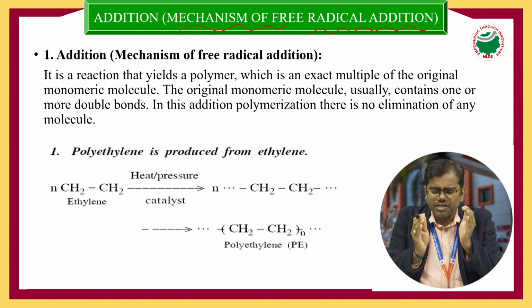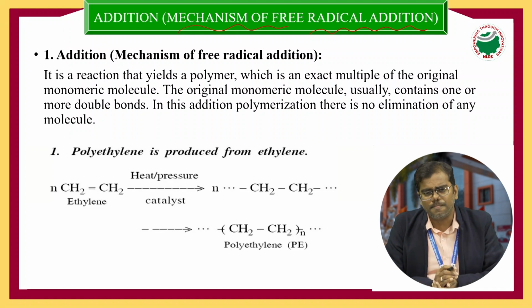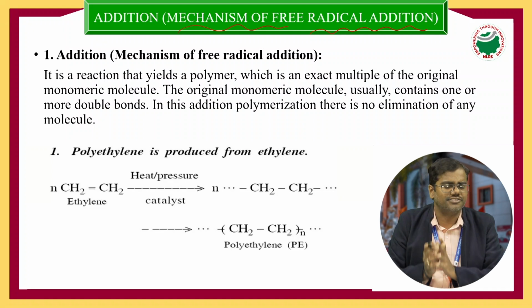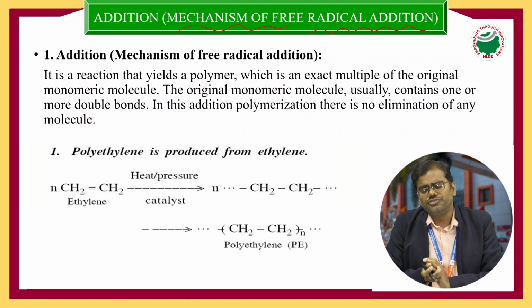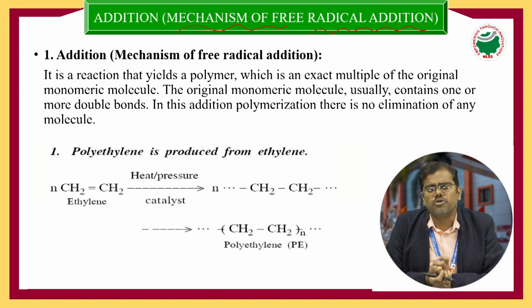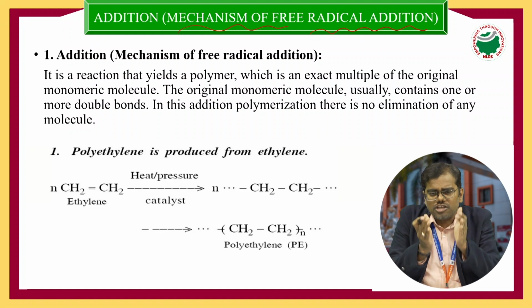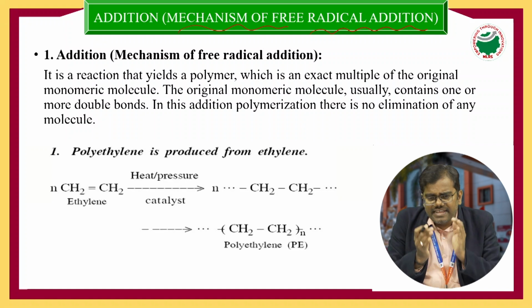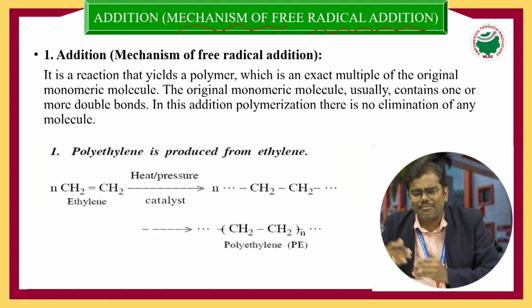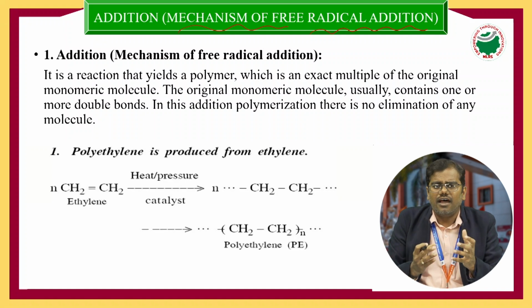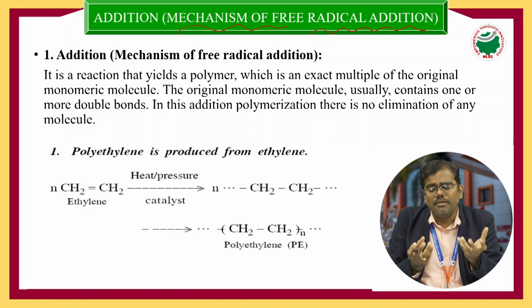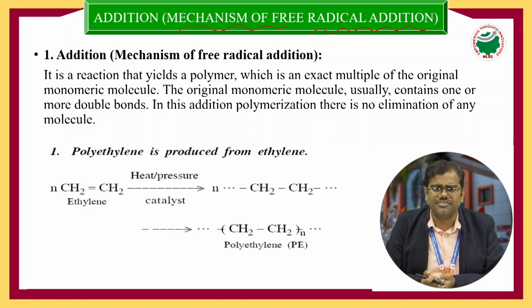In order to understand the addition polymerization process, first of all you should know how the monomers combine. Are there any bond breakages? Is any smaller molecule eliminated, or does it take place without eliminating any smaller molecules?